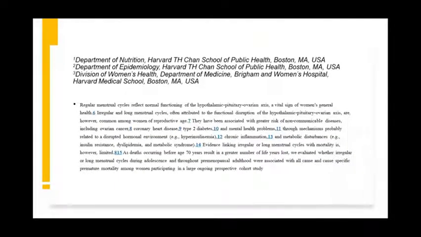And the Department of Nutrition Epidemiology and Brigham in Boston followed these women, and they wanted to study the normal functioning of the axis that I mentioned, the hypothalamic pituitary ovarian axis, and to compare the results with existing results from before. So basically, they have associated the irregularity of the period with a higher risk of non-communicable diseases like ovarian cancer, coronary heart disease, type 2 diabetes, and mental health problems.